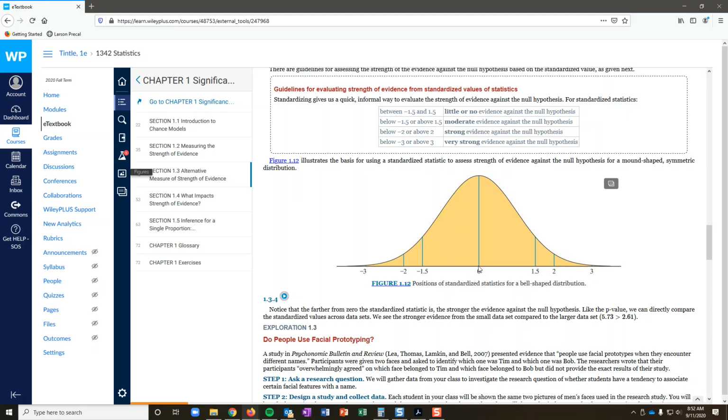So the middle of our distribution is at 0. And as I move farther away, either above the middle or below the middle, you can see that these numbers are changing like they would on a normal number line.